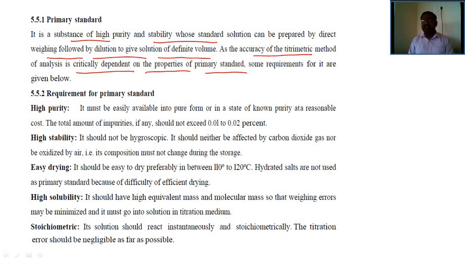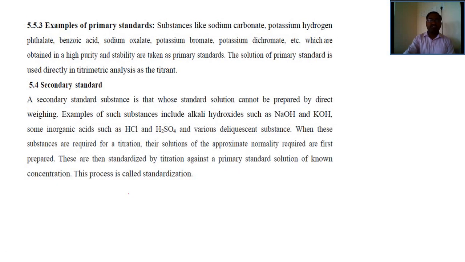What are the properties of these primary standards? The requirements for a primary standard: high purity, high stability, easy drying, high solubility, stoichiometry. These are all the requirements for a standard solution.